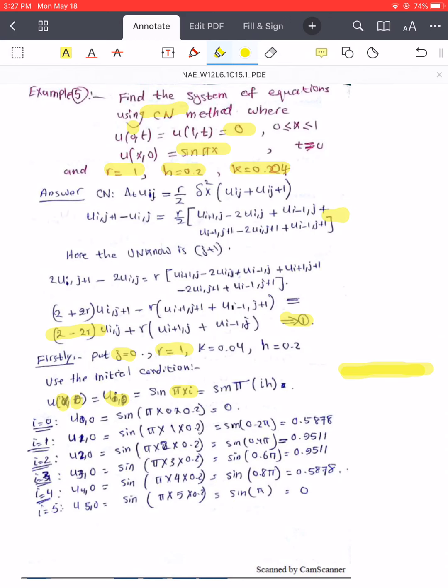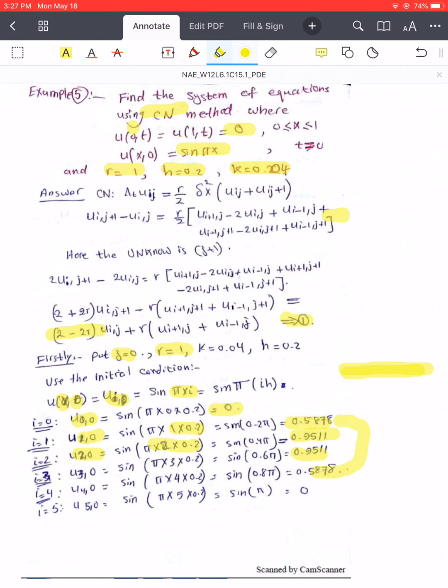So next, we have to put this in to find all these values. Here is the answer in fact. With 0, 0, sine 0 is 0. With 0, 1, it means 0.1, the sine of this one calculated. For 2, it means 2 times h, and then calculated, here it is. Because of symmetry, this equals the previous one, and this one equals this one.